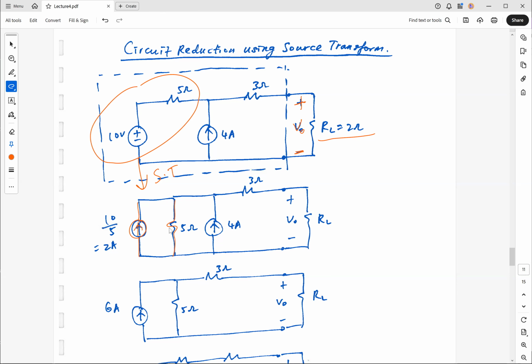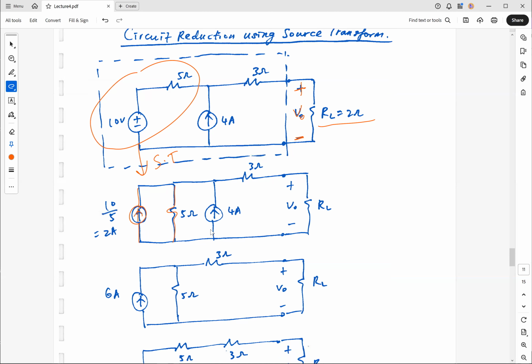The 5 ohm remains the same, and this current source is going to be 10 divided by 5. This is based on Ohm's law, so I have 2 amp over here. So far so good. We just did the transformation on this part using ST. The rest is the same: 4 amp, 3 ohm, RL still the same, 2 ohm, and this is still V naught.